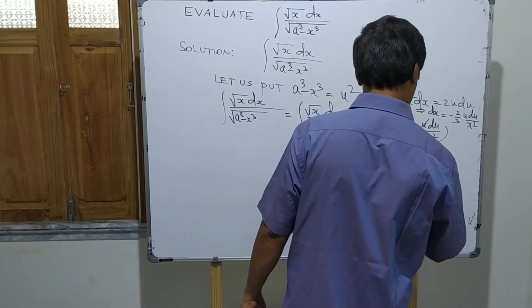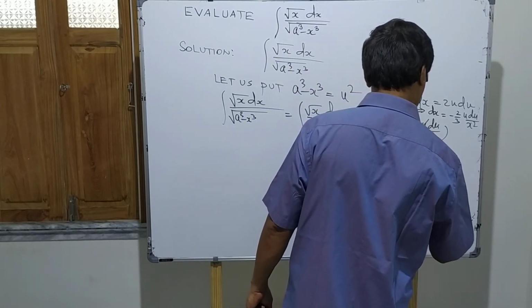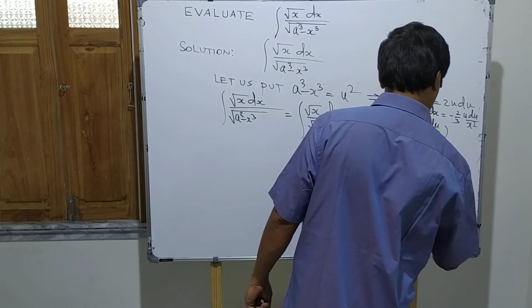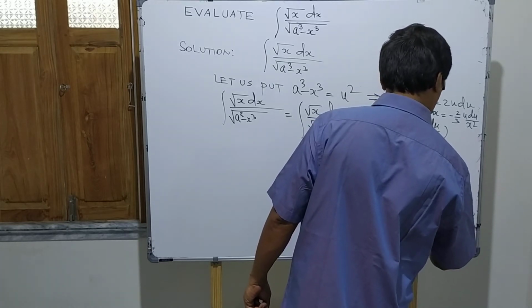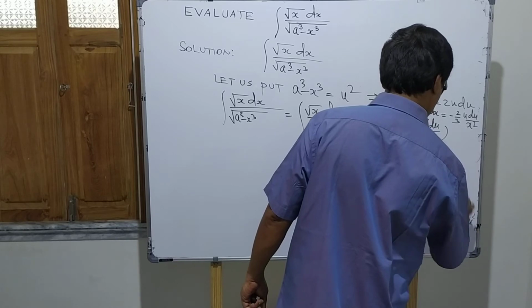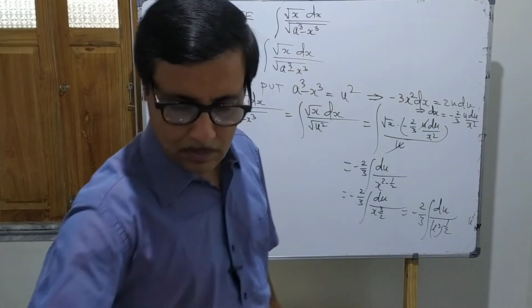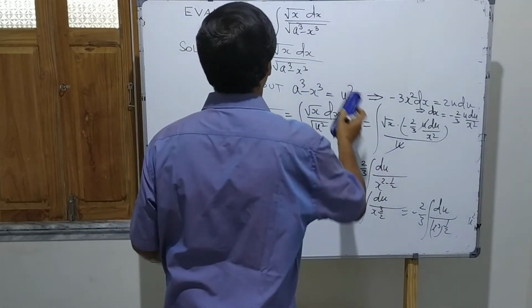This is equal to minus 2 over 3 du over x cube to the power half. So we have got this.